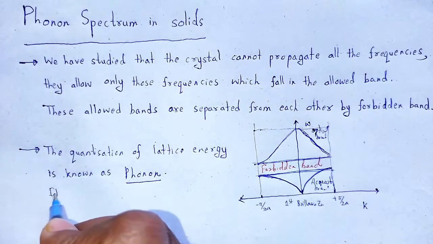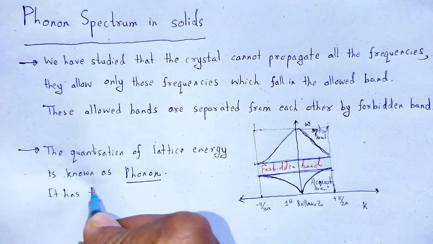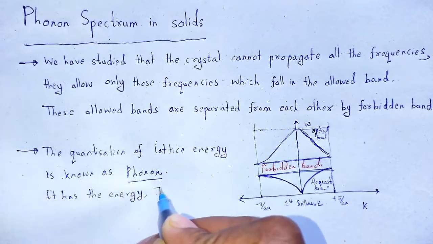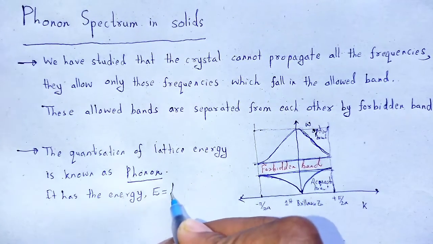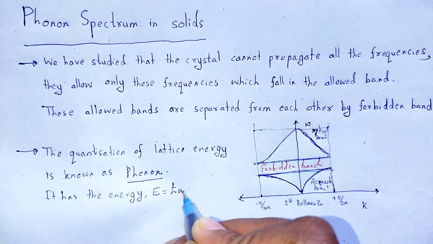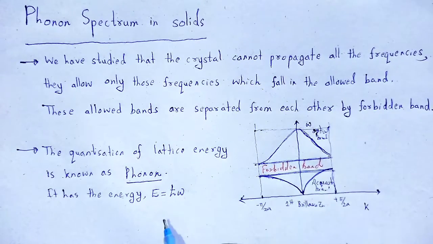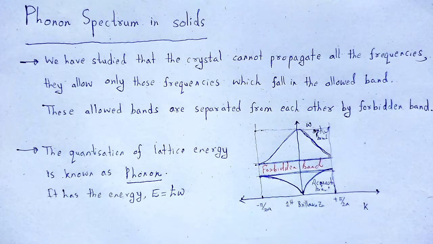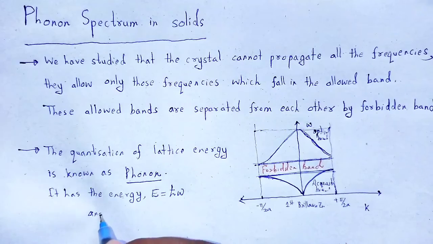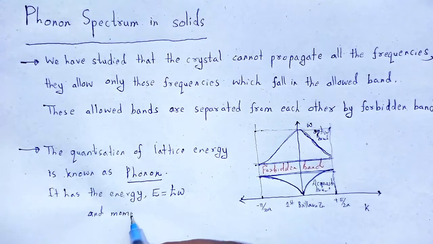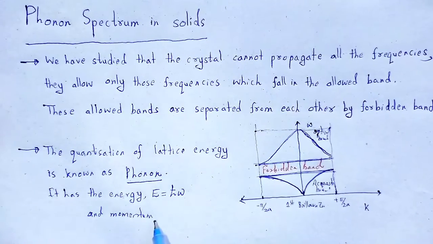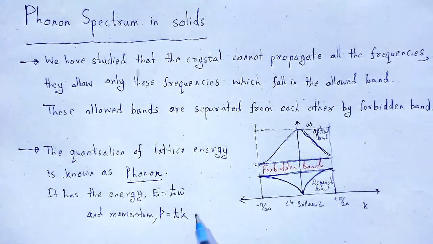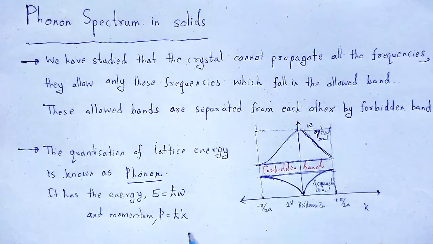And it has the energy equal to h cut omega, h Planck's constant, omega the angular frequency, and momentum p is equal to h cut k, k being the wave vector.